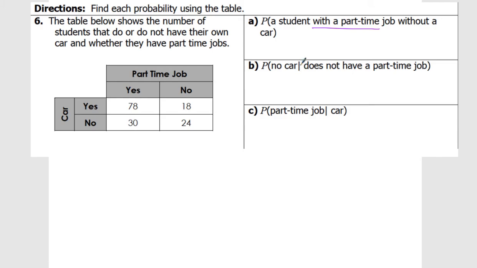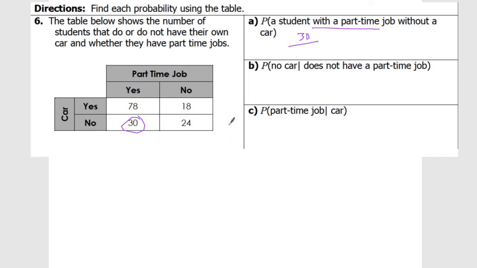There's no condition here. Okay, so it's just out of all the students, we want the probability that we pick one that has a part-time job but doesn't have a car. So that'd be 30. So it'd be 30 out of the total number of students.